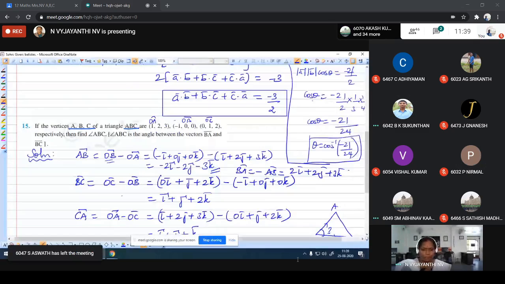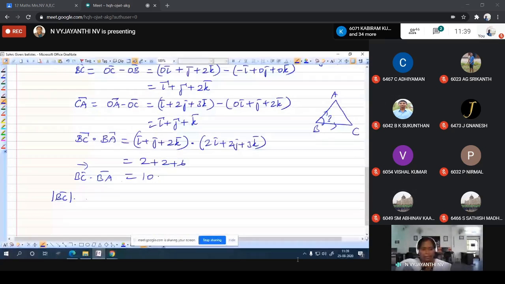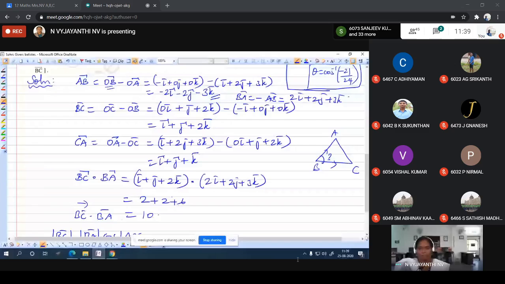So how will you find angle ABC? Modulus of BC vector times modulus of BA vector times cos of angle ABC is equal to 10. What is modulus of BC vector? Square root of 1 plus 1 plus 4, root 6.